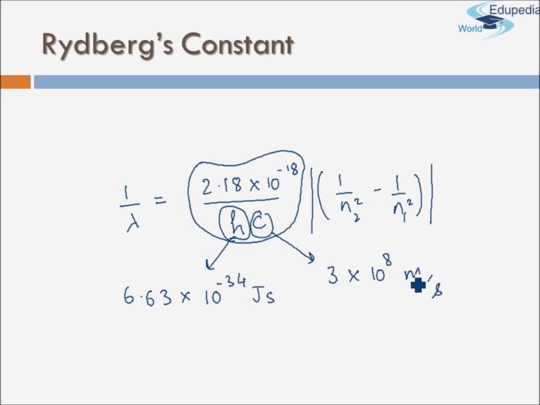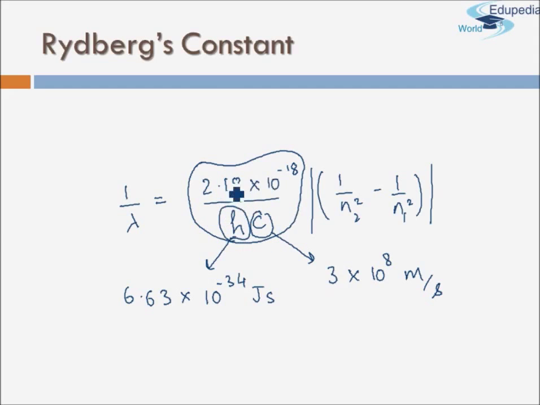By substituting the value of h, the value of c, and using the numerator as 2.18 into 10 to the power minus 18 joule, I can get the value of this whole term, which is always going to be constant.